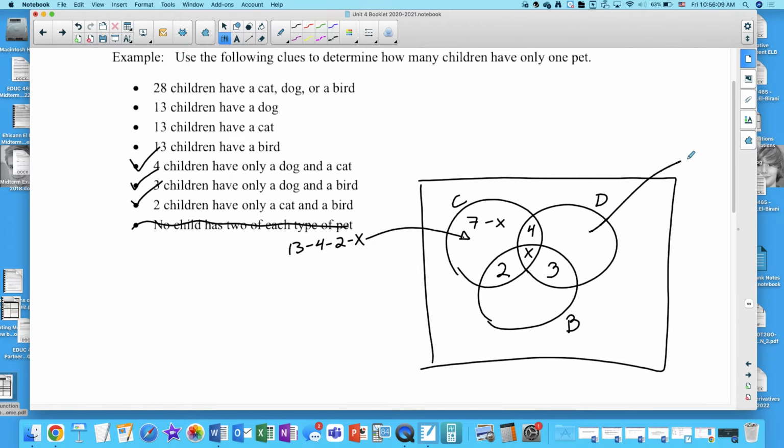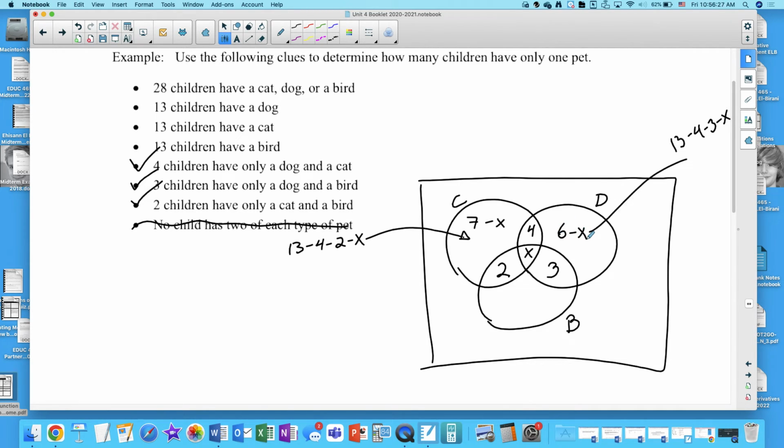This guy, only dog, again, there's 13 students who have a dog. This is going to be 13 minus 4 minus 3 minus X. How much is that? 6 minus X.